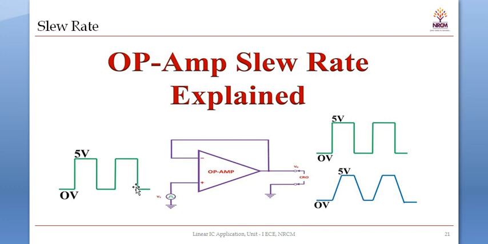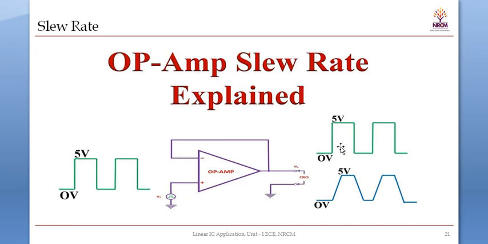Let us consider that a square wave is applied here, and negative feedback is used. Whenever I apply the square wave at the input of the op-amp, I expect the same square wave at the output, because the op-amp is connected in voltage follower configuration, so output voltage is equal to the input voltage.